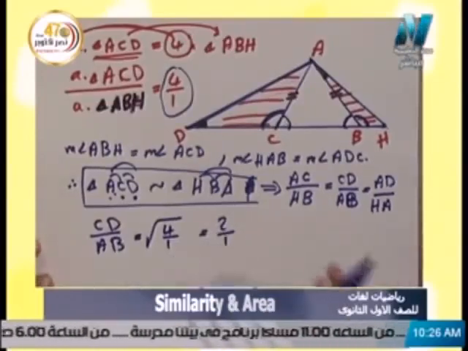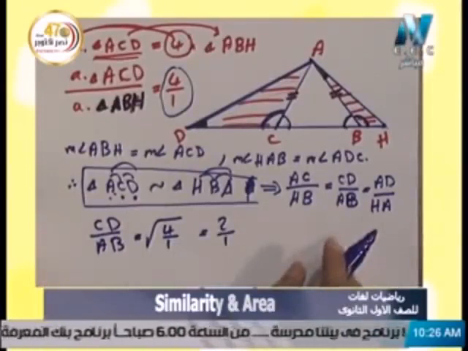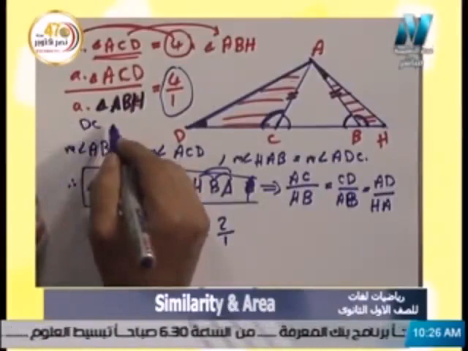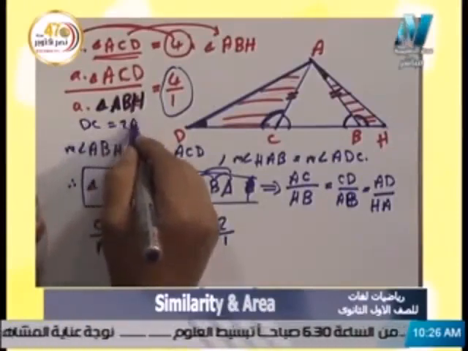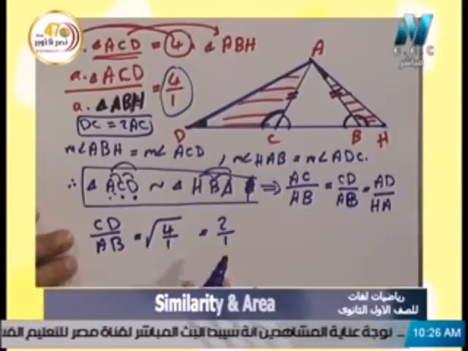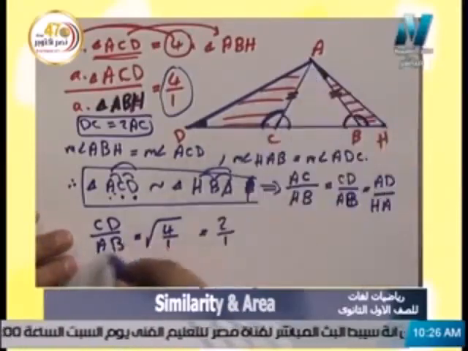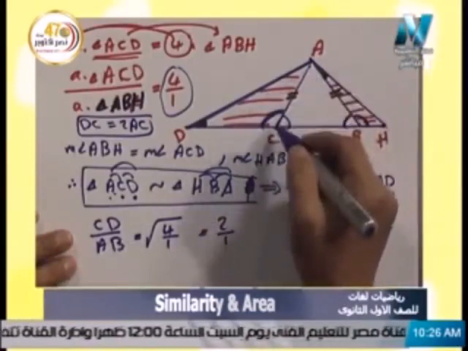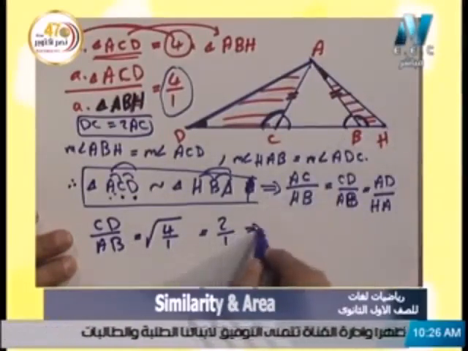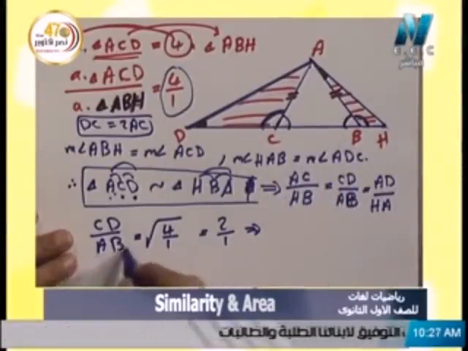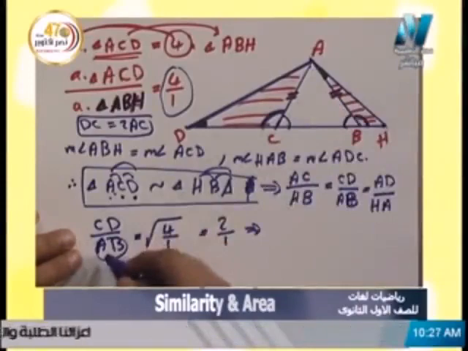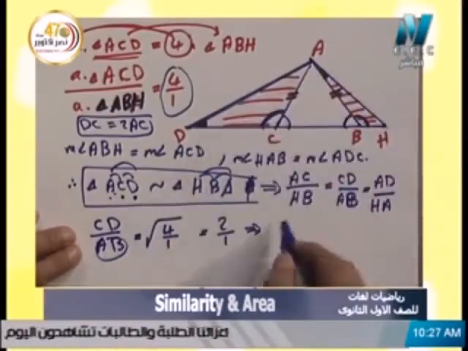Okay, and the request is to prove that DC equals double AC. But we haven't AC here, but we know that AC equals AB from the given. So we can replace AB by AC.